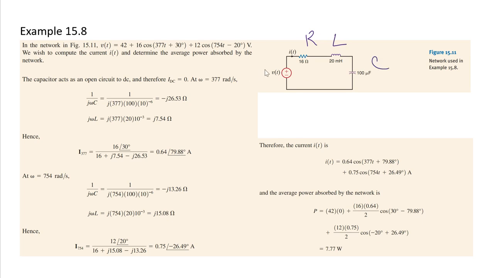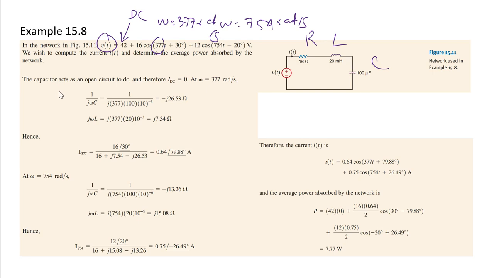Okay, so this is the input signal for us. We have a non-cos, non-sine signal. This thing is our DC voltage. This is an omega equal to 377 signal, and this is an omega equal to 754 signal. This is in radians per second.